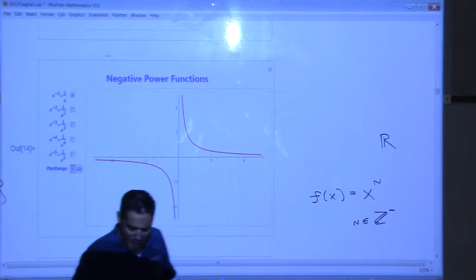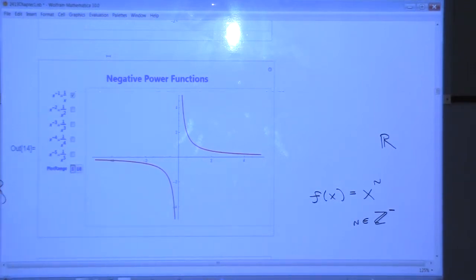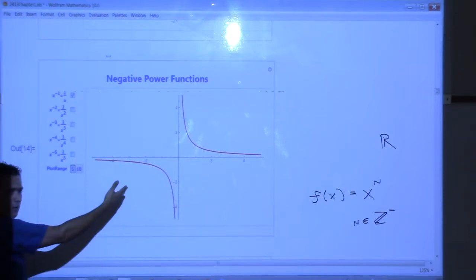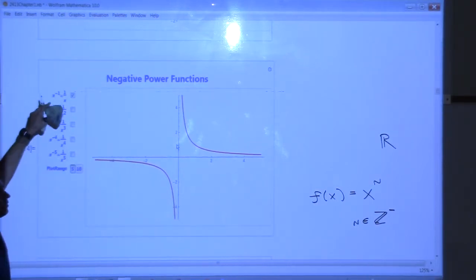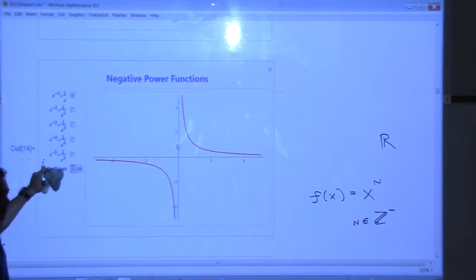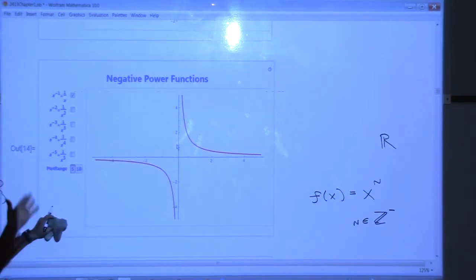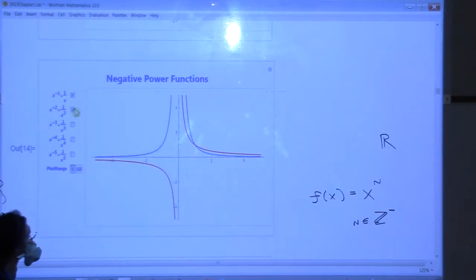All right, so if we have a negative power, these are rational functions. This is what 1 over x looks like. Very important function. Comes into play quite a bit. We have a vertical asymptote at 0, because at 0 all of these functions are undefined: 1 over x, 1 over x squared, 1 over x cubed. So all of these should have asymptotes at 0.